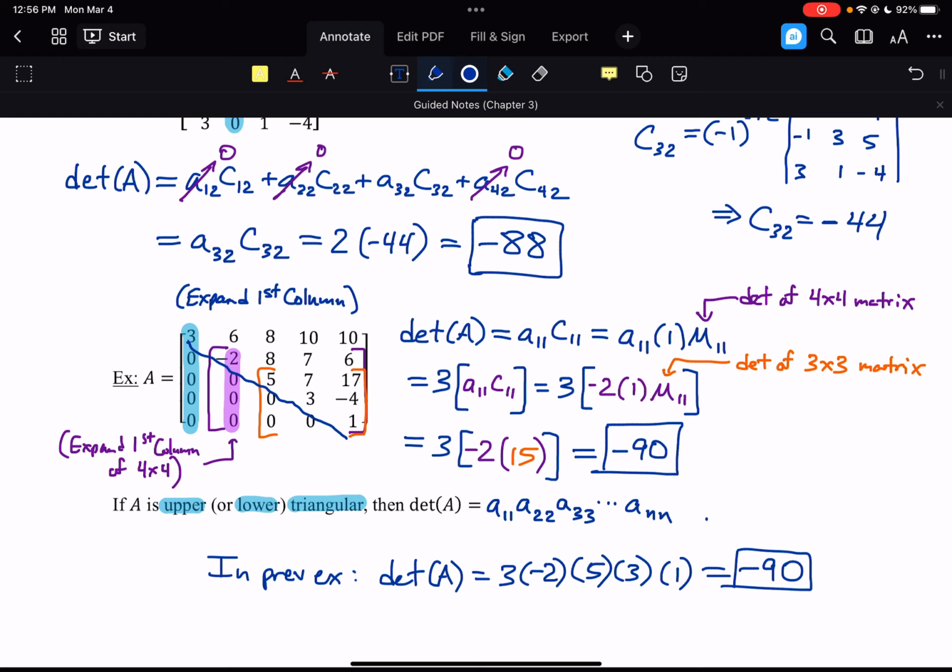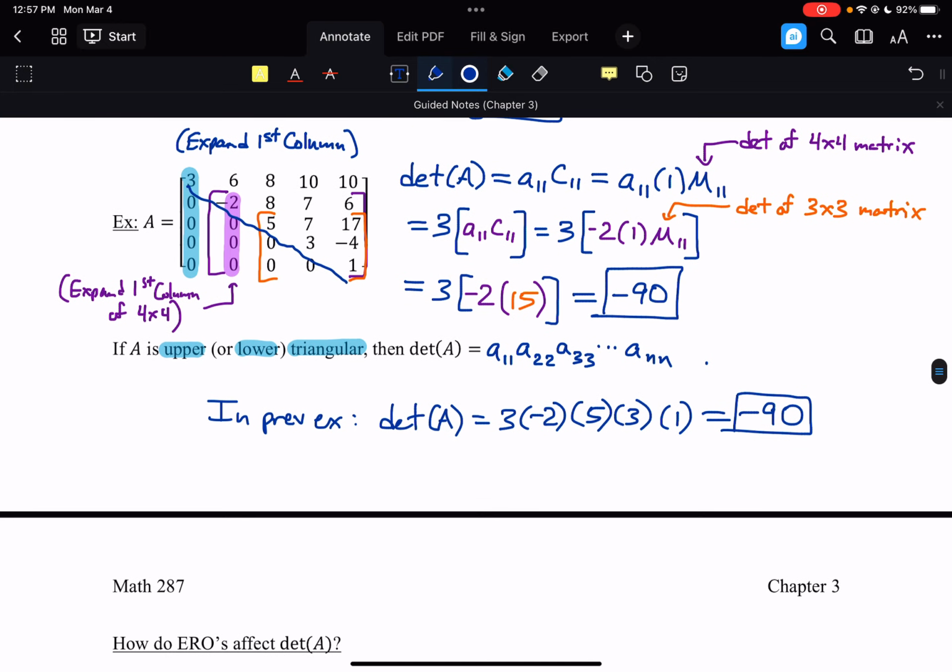Found using a lot less work and still yielding the same answer. Properties like this can be very helpful, for obvious reasons, in computing determinants more quickly. But we can use properties like this in conjunction with what we know about matrices to help us compute determinants in another way.